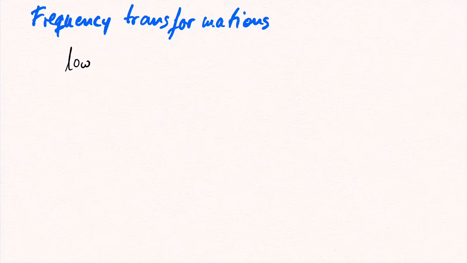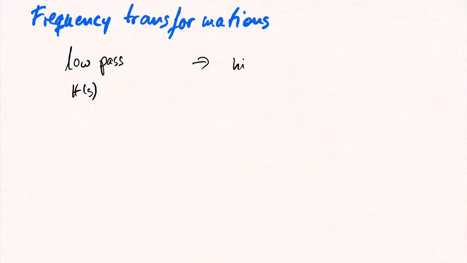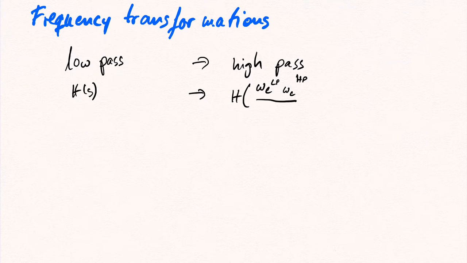Let's assume that we have a low-pass filter that's described by the transfer function H(s). Here it is important that the low-pass filter transfer function should be given in real s. Then this can be transformed into a high-pass filter by substituting s such that we get H(ωc,LP · ωc,HP / s).